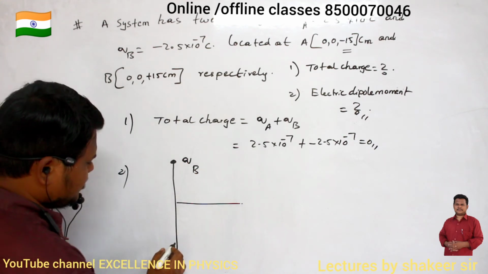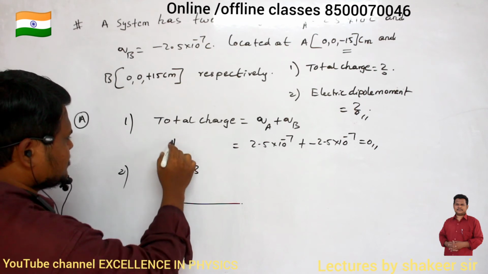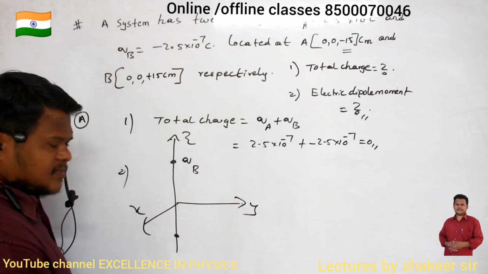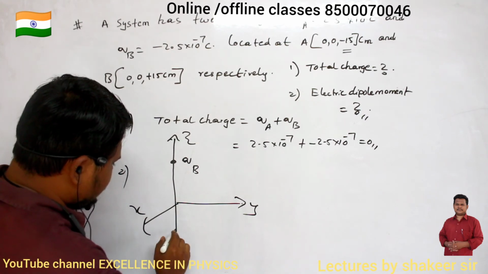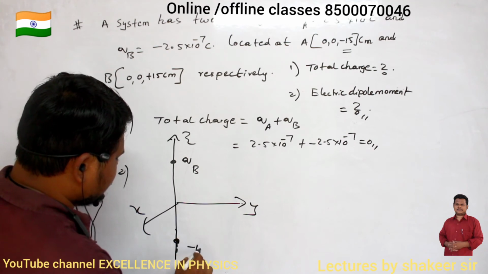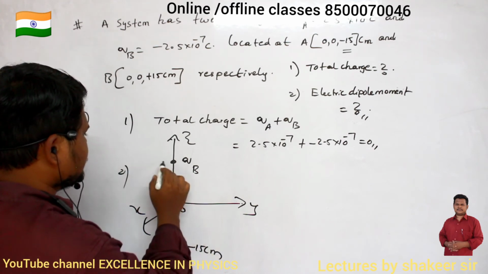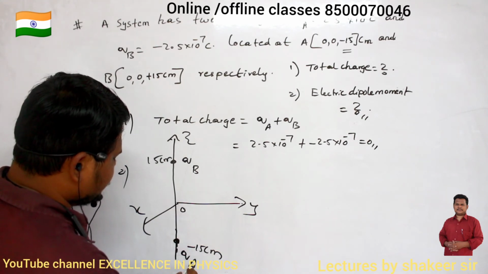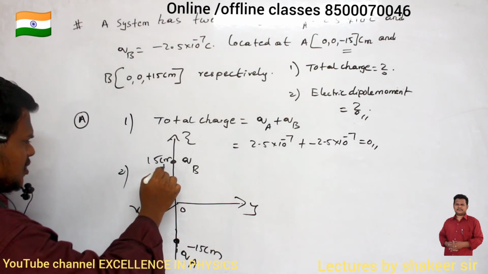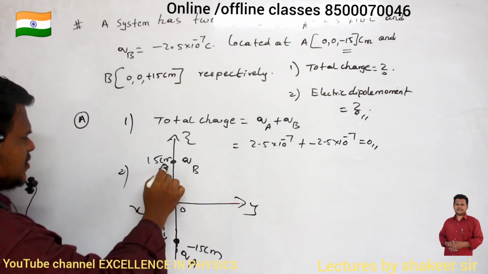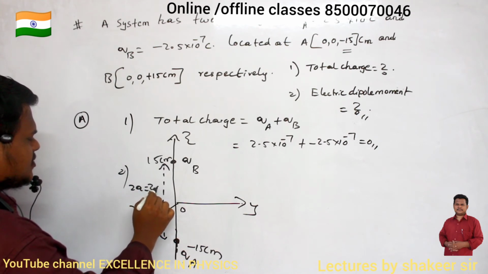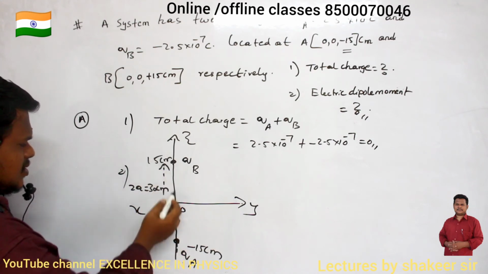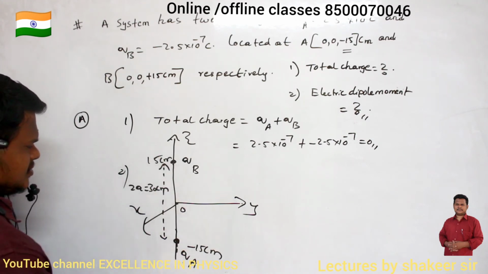QA is present at a distance of minus 15 centimeters from the origin, and the other is at plus 15 centimeters. So the total distance between them, 2a, is 30 centimeters.